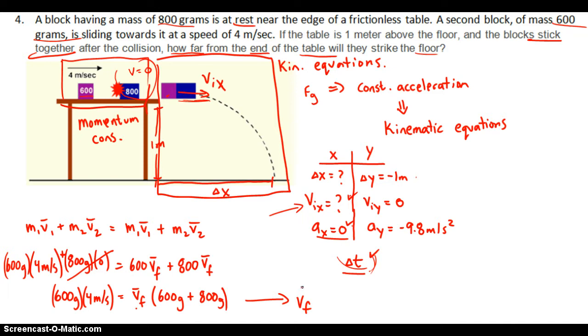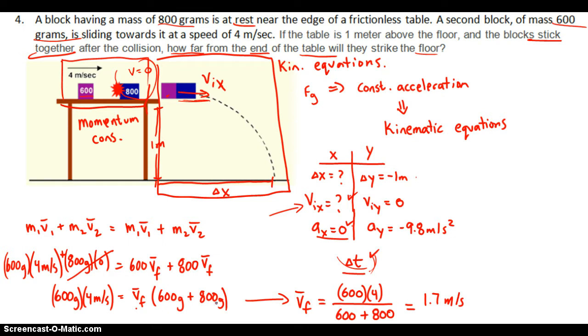So to get rid of this part, we've got to divide both sides by it. We put that in our calculators, and we find 1.7 meters per second.